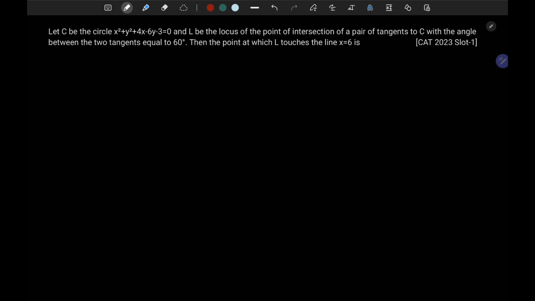There were 4 options given in the paper, but for now I have not kept those options. So let's get started by solving the question.